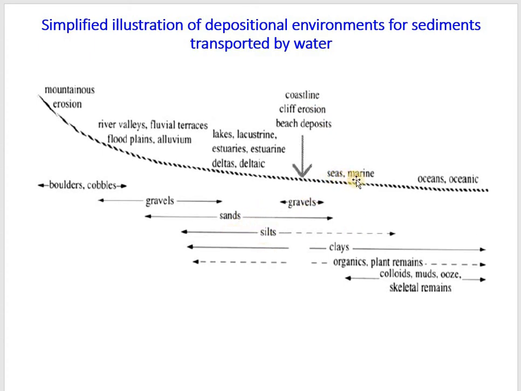Then as you go to the seas and marine environments, it is definitely only the silty particles, and you have some clay as well. And in this entire region, from lake to ocean, the deposit is mainly clay deposits.